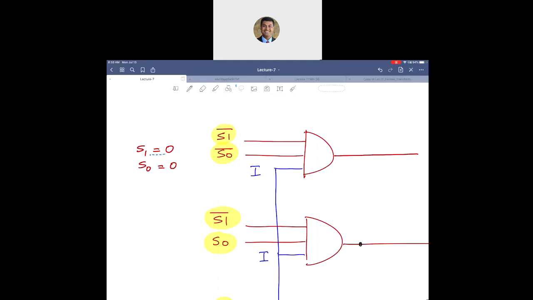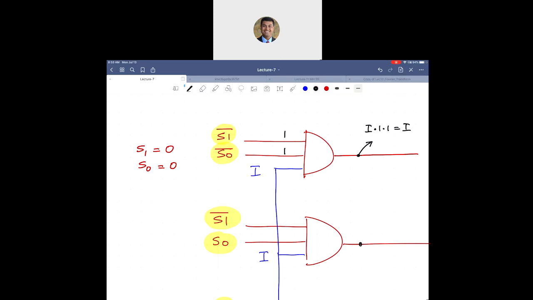S1 is 0 and S0 is 0. So only in that case, what would be S1 complement? Well, S1 complement would be 1, S0 complement would be 1. So what would the output be? It would be I and 1, which is I, right?